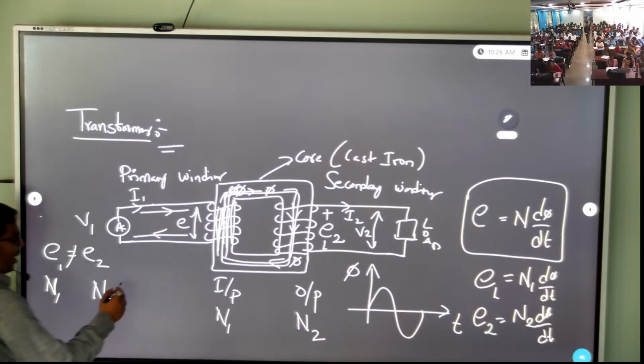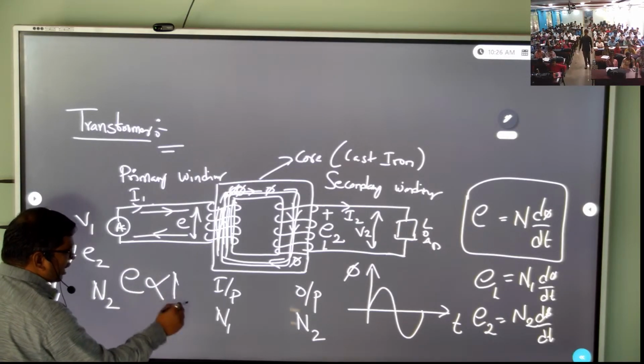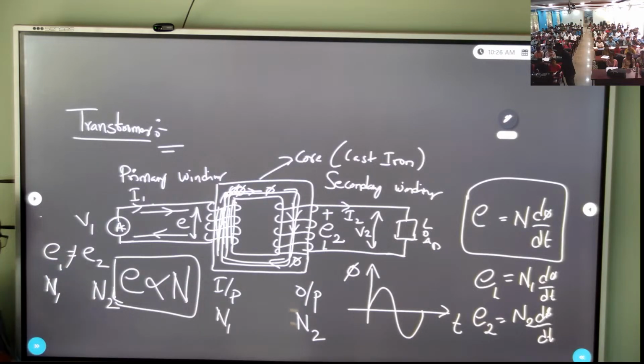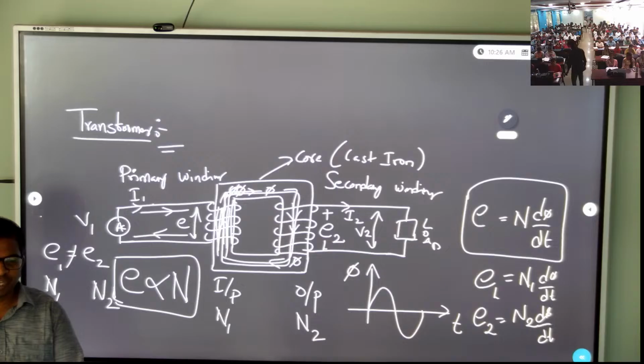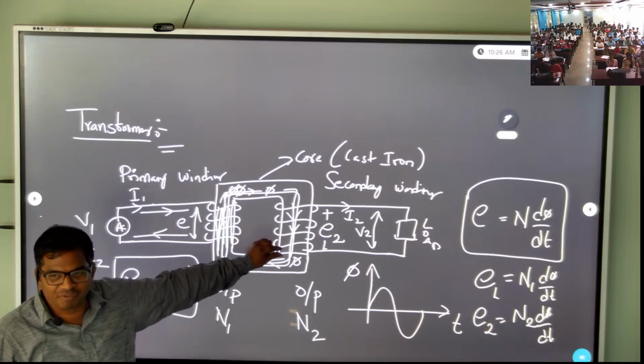So the induced EMF is directly proportional to the number of turns. If more turns are there, more induced EMF. If fewer turns are there, less induced EMF. Now you tell me how we are getting 9 volts. For the secondary winding, we are having very few turns.